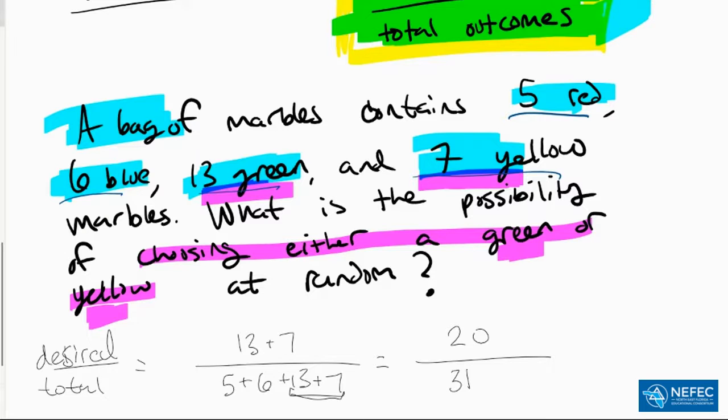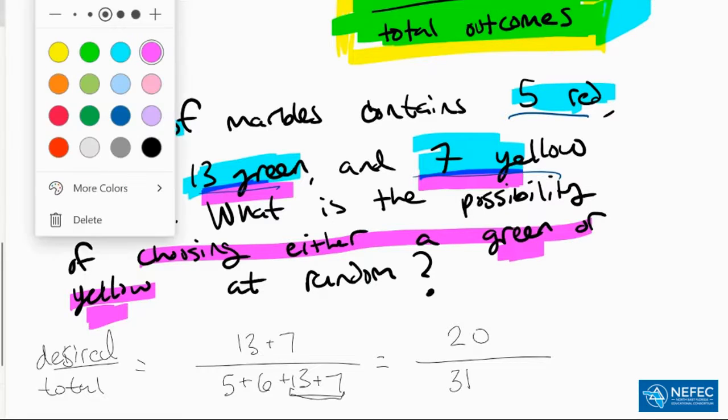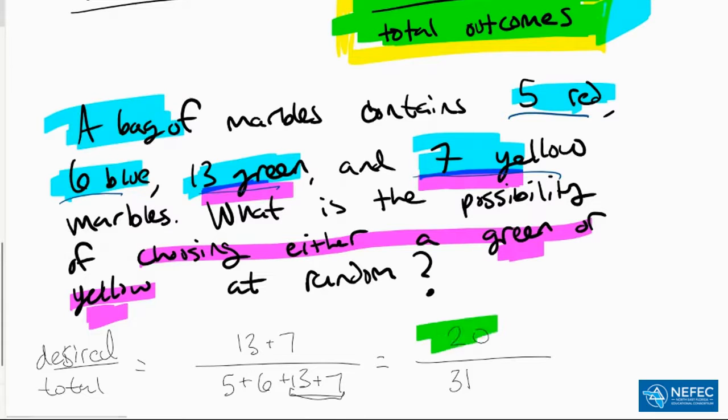Then there are a couple of different moves we could make from here. We could just leave this as a fraction. Our probability is 20 in 31. Depending on our context, what we're asked for, and who our audience is, maybe we want to leave it this way, or maybe we want to change it to a different form.